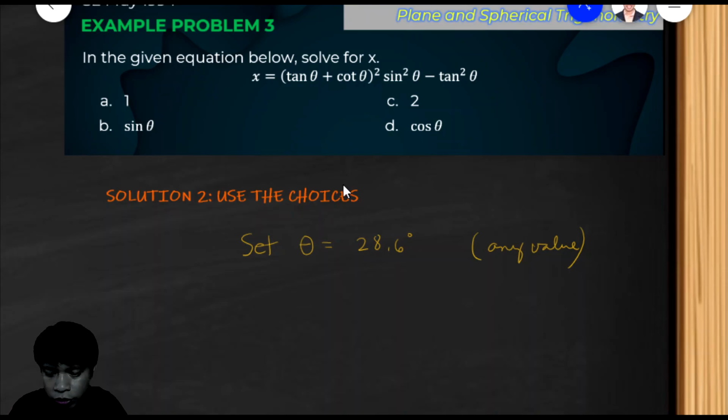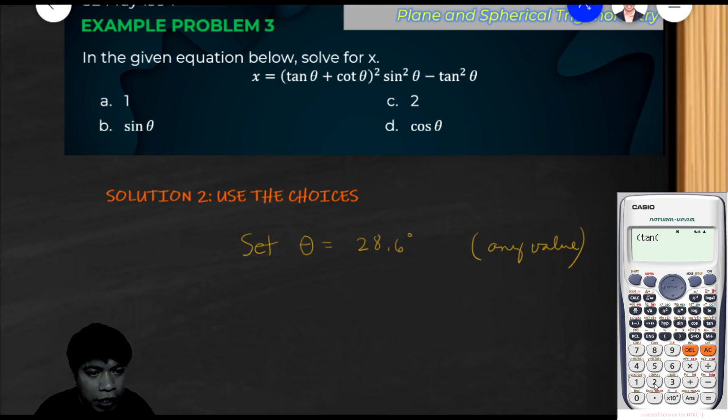Okay, so let's calculate. Tangent of 28.6, then plus cotangent. We know that cotangent is 1 over tangent, so 1 over tangent of 28.6, and this is squared.